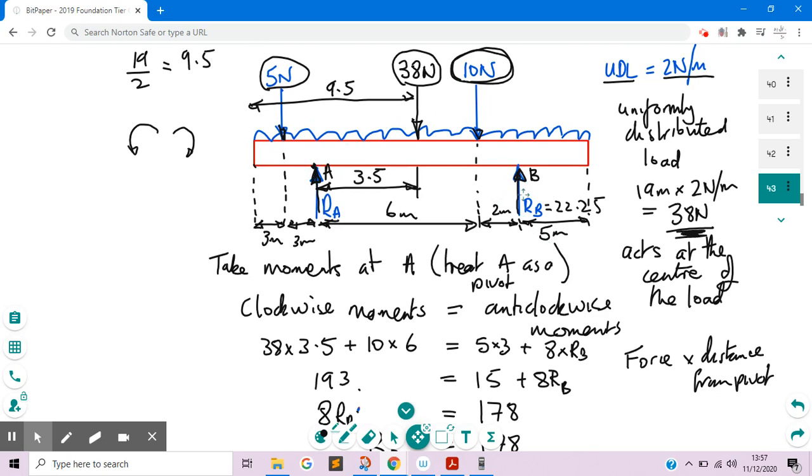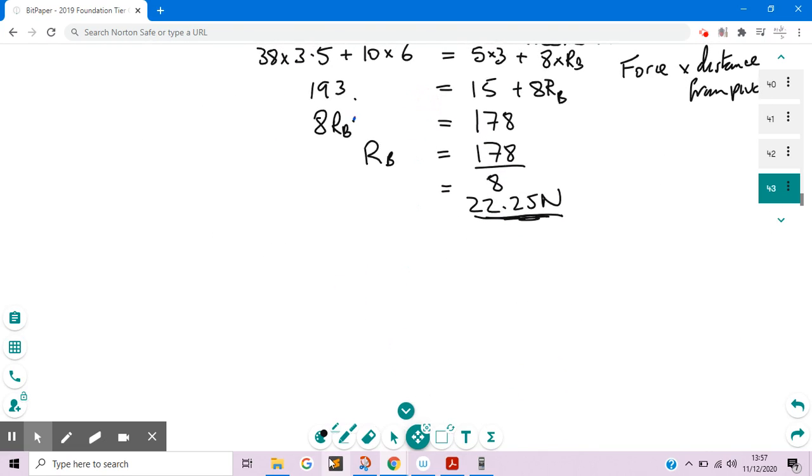Once we've worked out one of the supports, we can just say that the downward forces, since it's in an equilibrium state, which means it's not moving, means everything's balanced, the downward forces must equal the upward forces. So we can see the downward forces we've got are the 5, the 38, and the 10. So the downward forces, 5 plus 38 plus 10, must be balanced by the upward forces, which is RA plus RB.